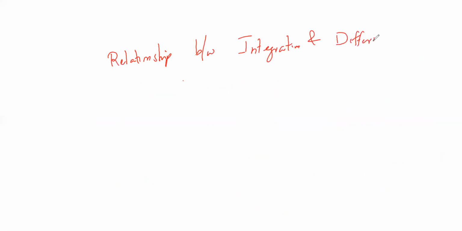Now the most important thing: what is the relationship between integration and differentiation? Suppose I'm taking the same example, d by dx of x square. We have already done it.